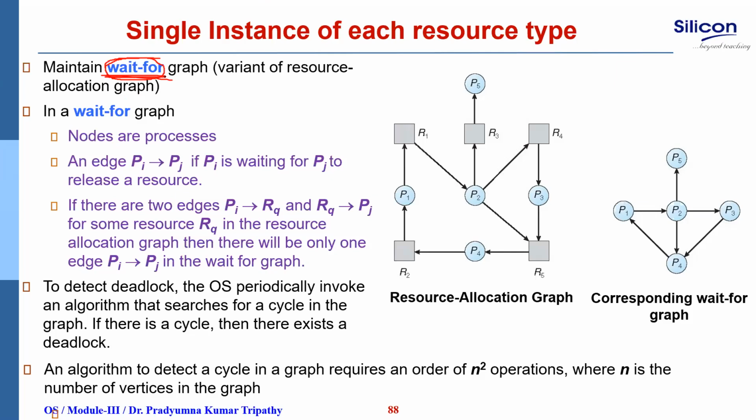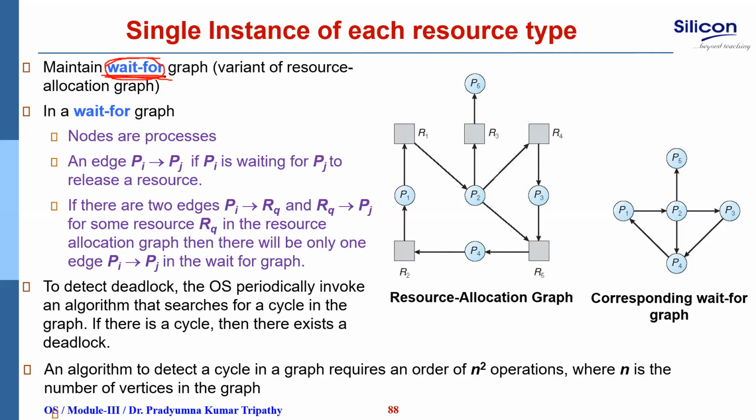The wait for graph is almost the same as the resource allocation graph, right?